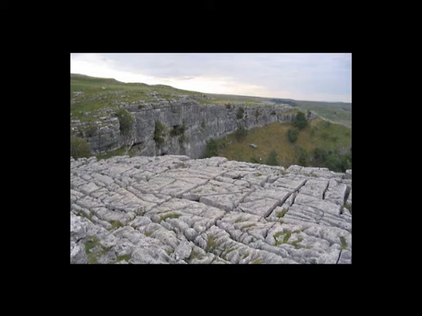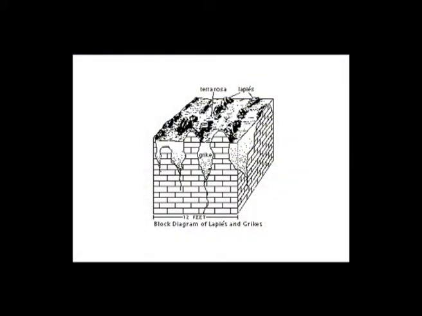By the solvent action, the intervening beds are removed and the limestone looks like a pavement. This is also the typical diagram for the lapis. Terra rossa is the fine grained red colored soil produced by the weathering of the limestone rock. The remaining structure looks like lapis.